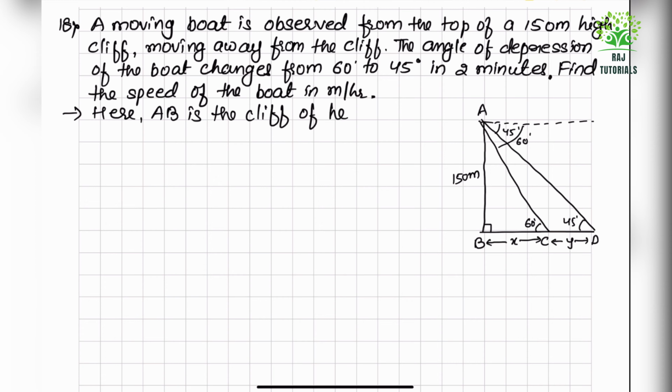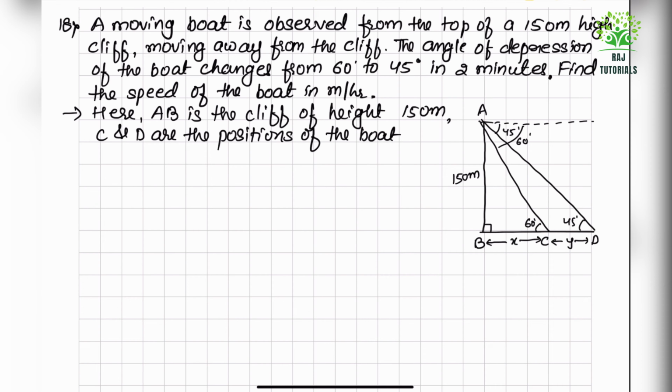So here AB is the cliff of height 150 meter. C and D are the positions of the boat.